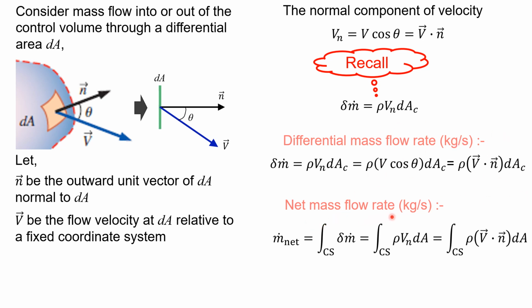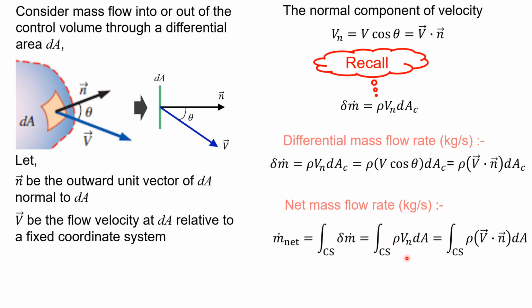And for net mass flow rate, we also can replace it by using this formula, and at the end we will get this. So it depends on the question in your exam. Let's say the information of theta is given or the information of V is given, then you can use only this formula to calculate the differential mass flow rate.